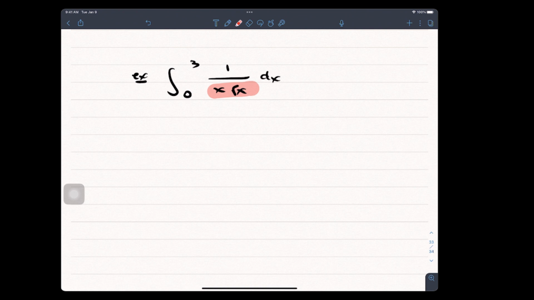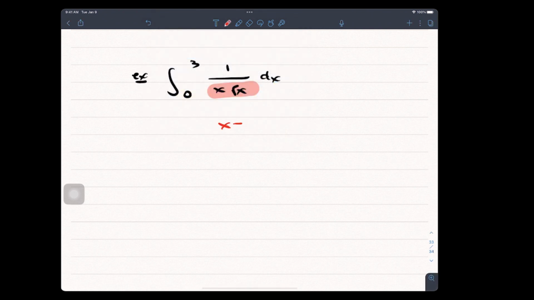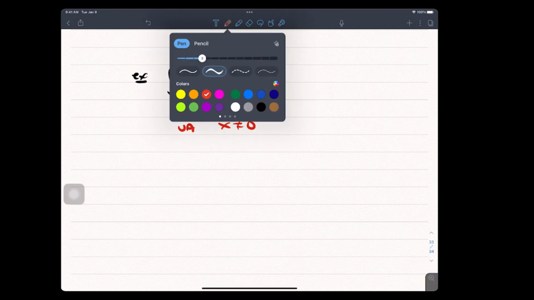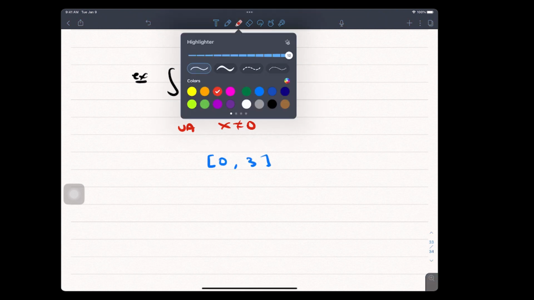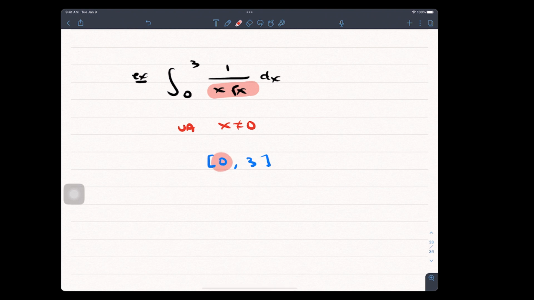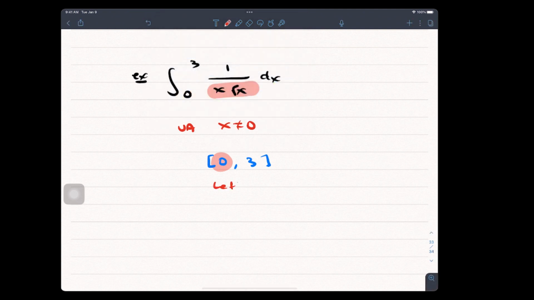What do you guys know about this denominator? X can't be 0. So you have a vertical asymptote at x is 0. Is that right? So what's the interval? 0 to 3. What does this mean, ladies and gentlemen? You have a vertical asymptote where? Left endpoint. Discontinuity.